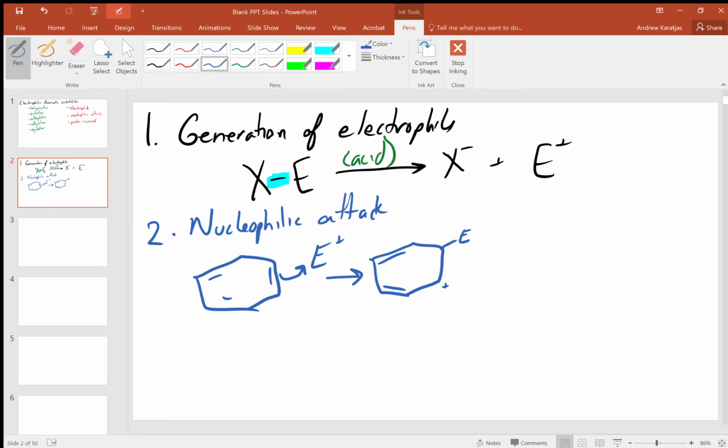So that's a step that requires an input of energy. Now this intermediate is resonance stabilized, and we call this combination of resonance structures here the sigma complex.